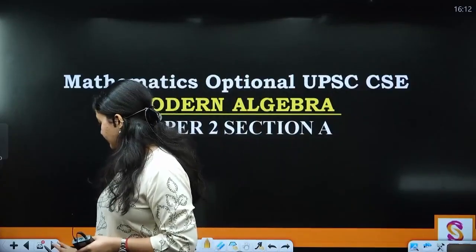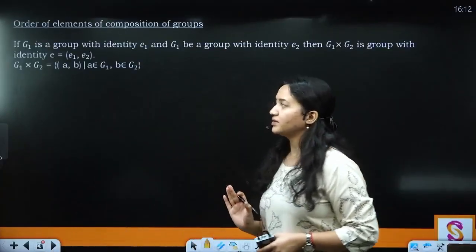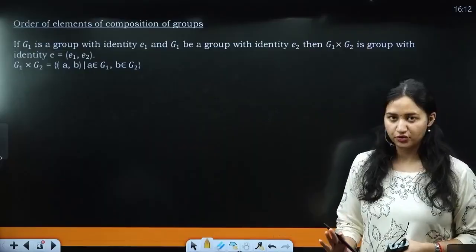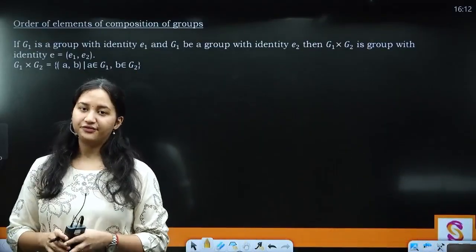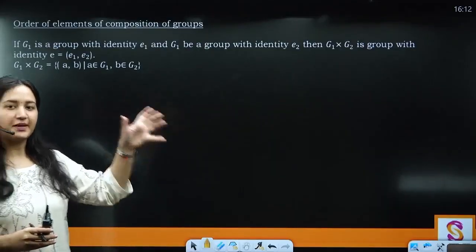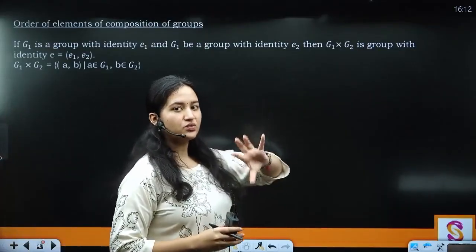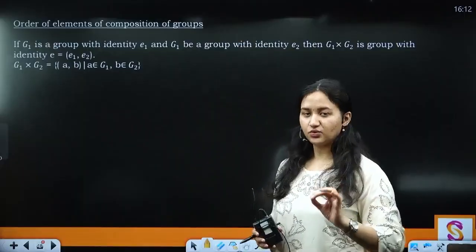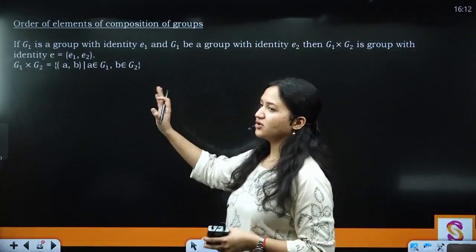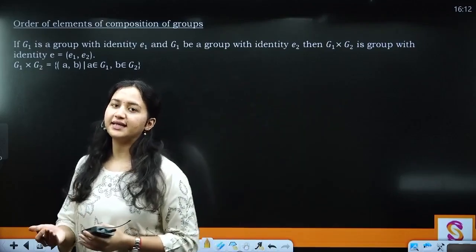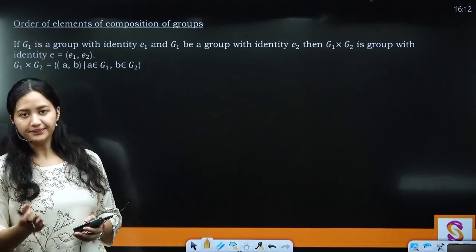Now in the last lecture, we were doing order of elements of composition of groups, where G1 cross G2 was forming a group, where G1 was a group with respect to identity E1 and G2 was a group with respect to identity E2. Then we saw that G1 cross G2 forms a group where the identity element is going to be E1 comma E2, right?